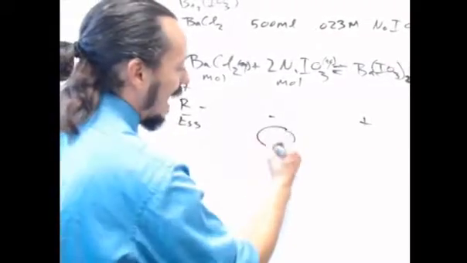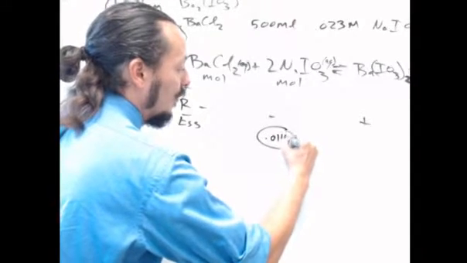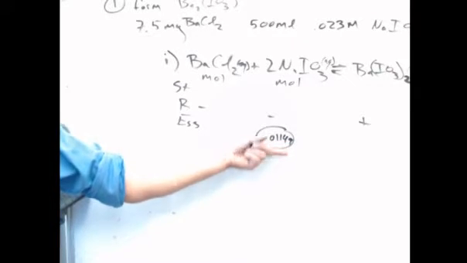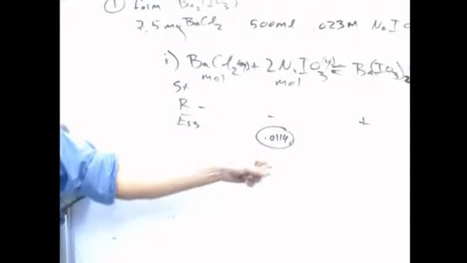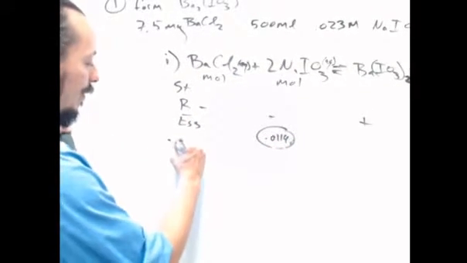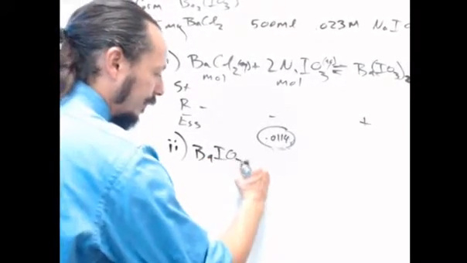If I remember correctly, you're going to have some excess, 0.01149, or 47, it's 0.0114 something, of excess sodium iodate, and then you're just going to set up the equilibrium going backwards with the barium iodate. Now, if this is going too fast for you, don't worry. We're actually going to do it when we do problem 2.